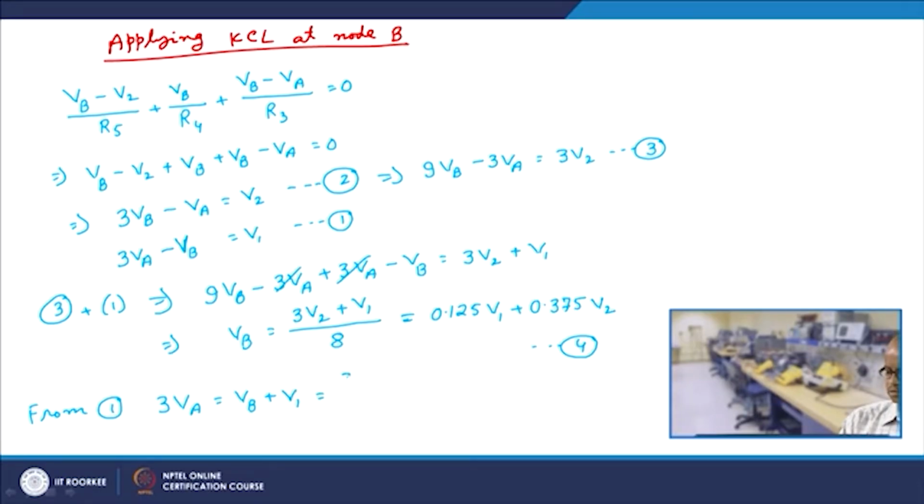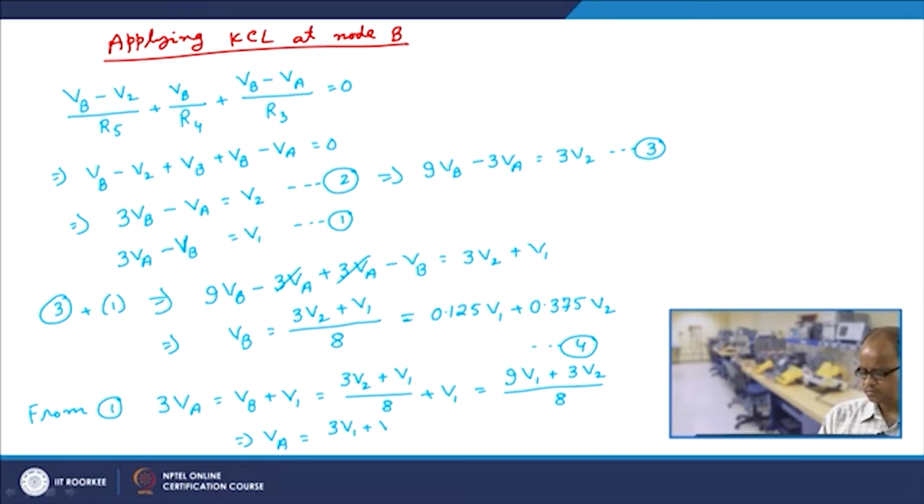So VB is (3 V2 plus V1) by 8 plus V1, that means (9 V1 plus 3 V2) by 8, or in other words VA is equal to (3 V1 plus V2) by 8.